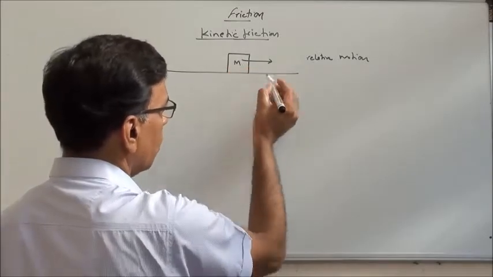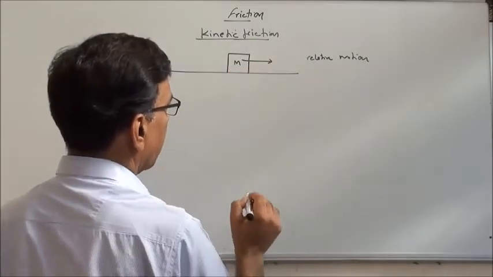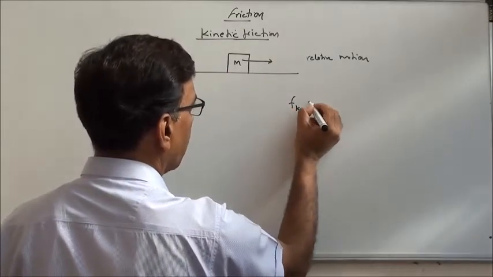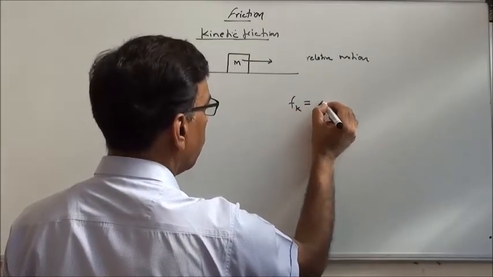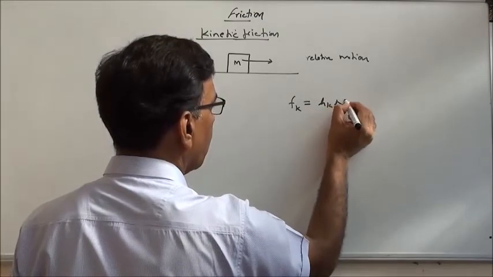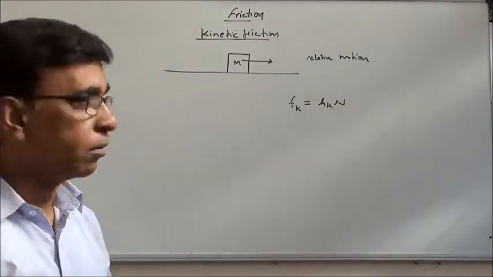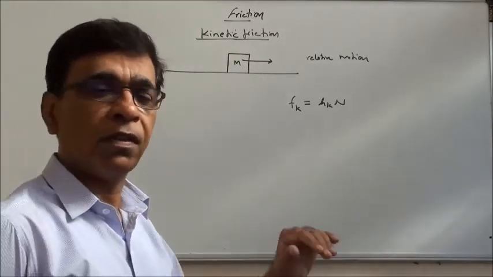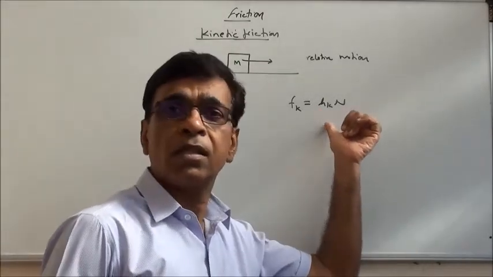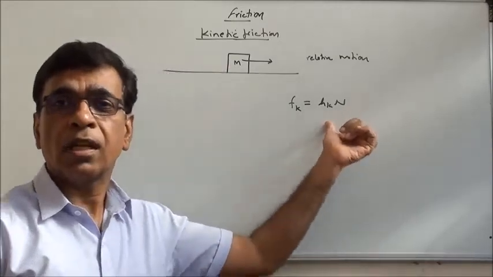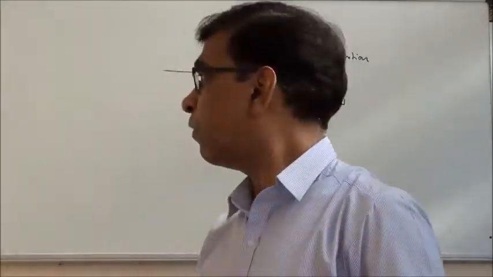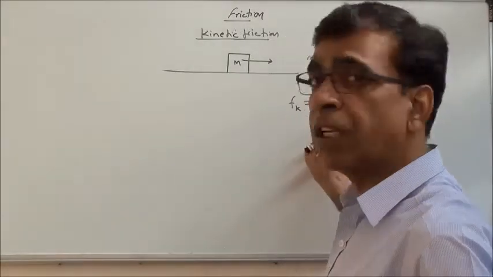This body is moving towards the right. The force of kinetic friction is equal to mu k into the normal reaction. So it is just like the force of static friction, the only difference is that static friction is self-adjusting, so it is either less than mu s N or equal to, but the kinetic friction force is fixed.